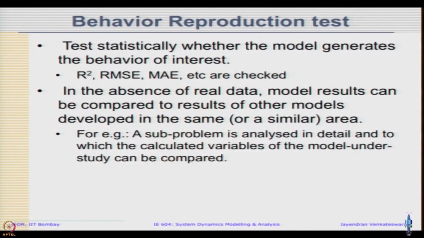Behavior reproduction test: this one is the straightforward one, and if you are more quantitatively inclined, this is what may appeal to you. It tests statistically whether the model generates a behavior of interest.